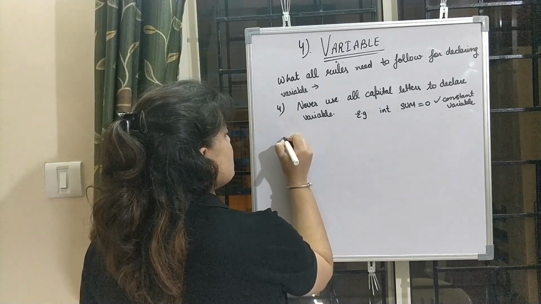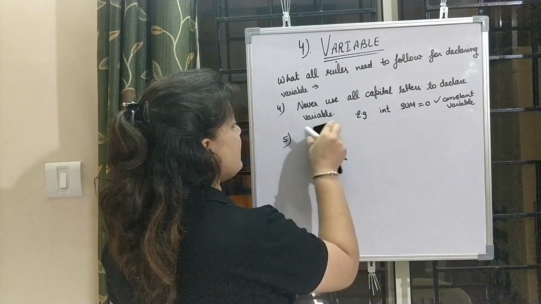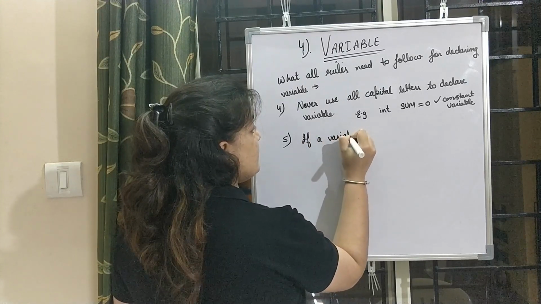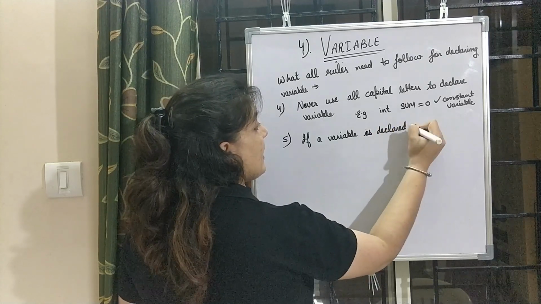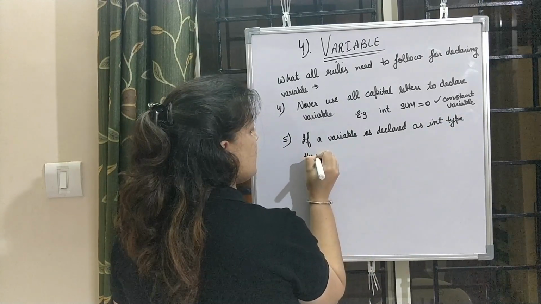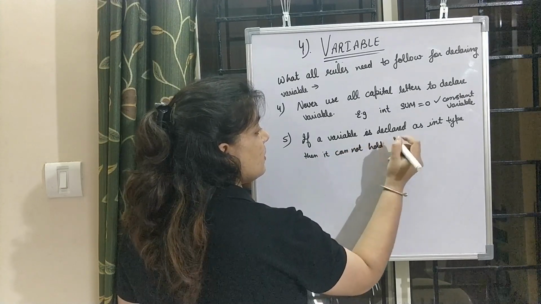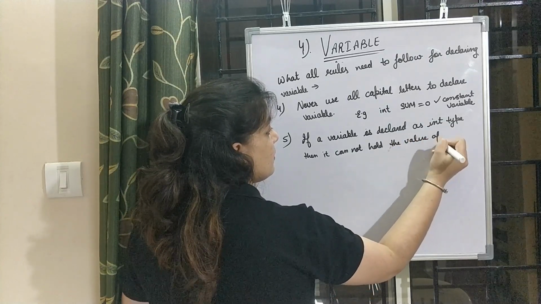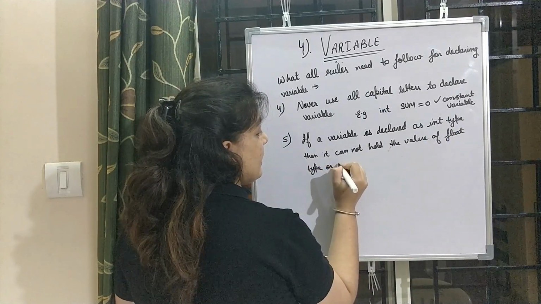Now the next rule is, if a variable is declared as integer type, then it cannot hold the value of float type or any other data type.